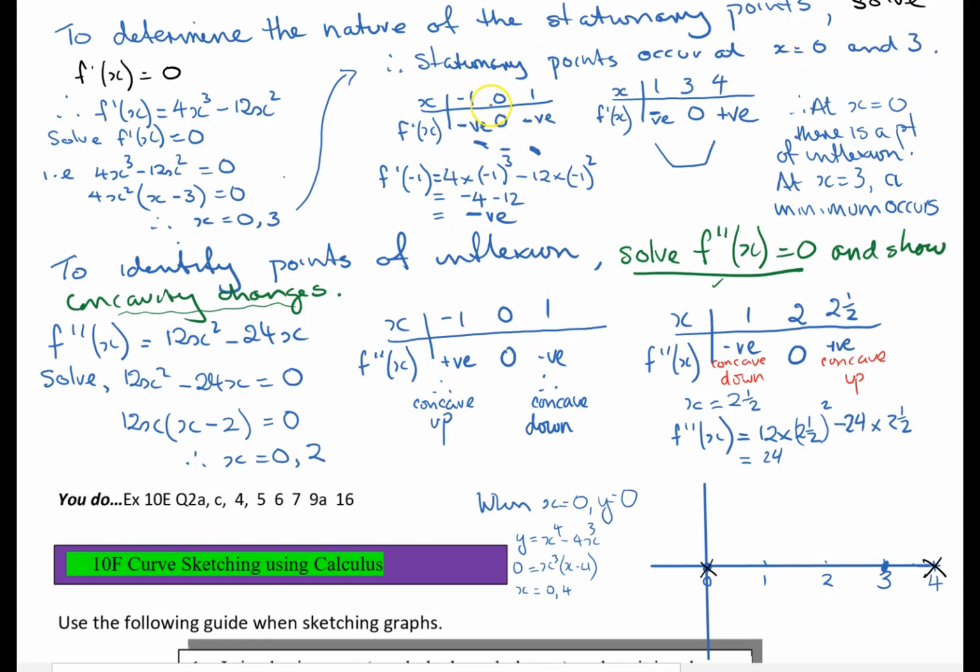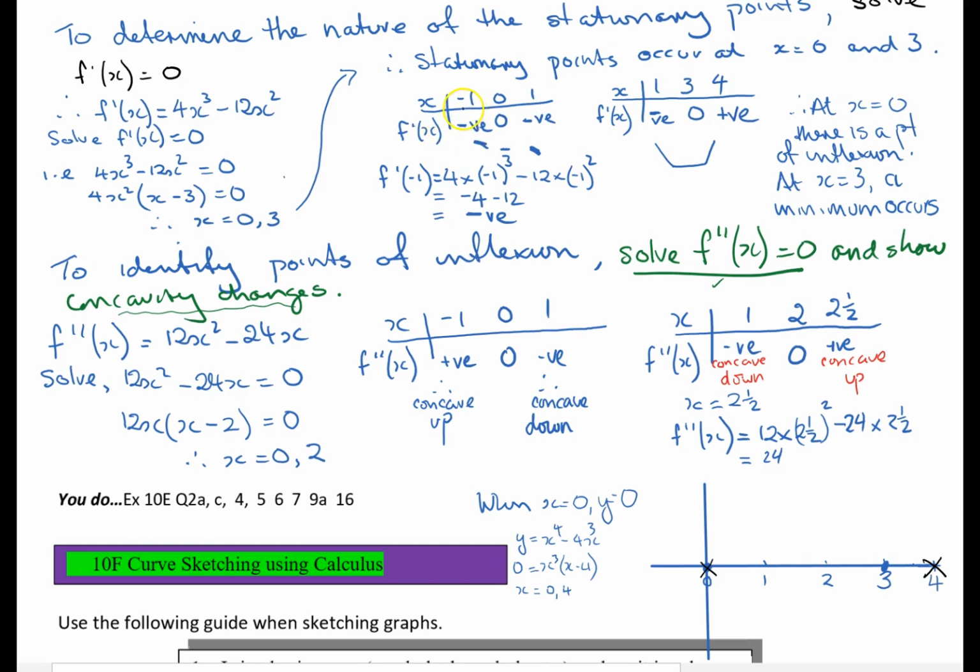To determine their nature, we need to test what's going on either side. So we set up our little tables with our 0 and our 3 as our central x value. A little bit to the left is -1, a little bit to the right is +1. Check what the gradient is doing at those 2 x values.